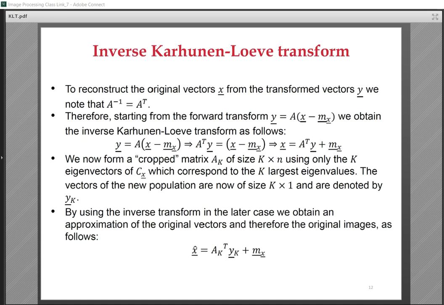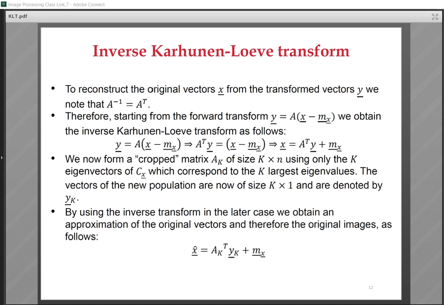We transferred them to the y domain, y1, y2 to y10. And we, for example, eliminated 7 components in the y domain, and selected only y1, y2, y3. This is AK, k by n.